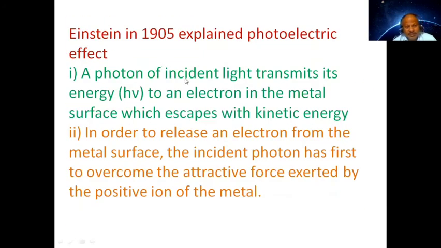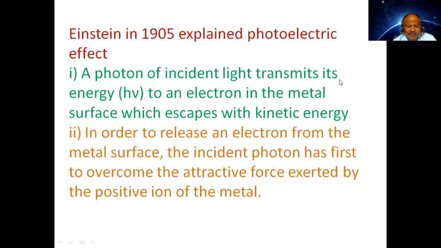So Einstein in 1905 explained photoelectric effect. आइंस्टाइन ने जो फोटोइलेक्ट्रिक इफेक्ट एक्सप्लेन किया है, क्या कहता है आइंस्टाइन? A photon of incident light transmits energy to an electron in the metal surface which escapes with kinetic energy. देखो, a photon of incident light क्या करेगा?